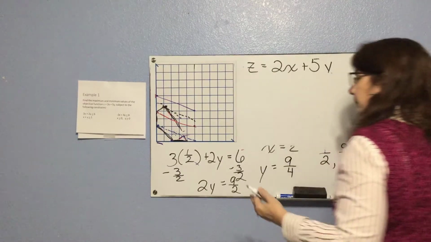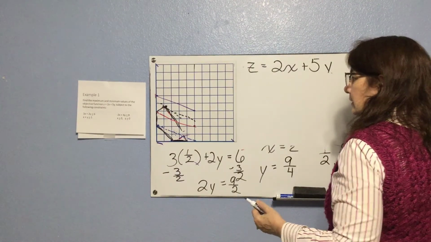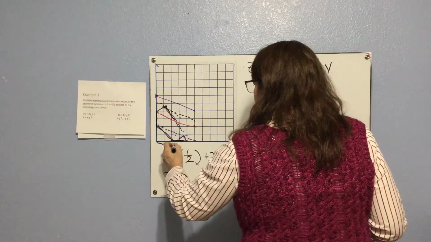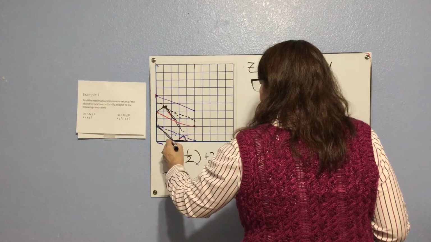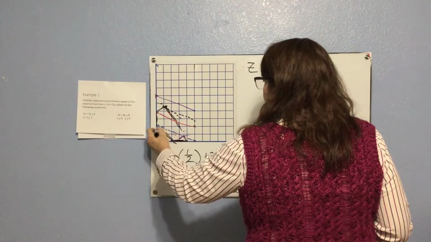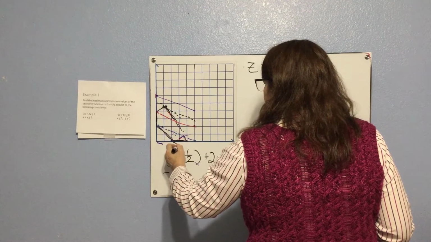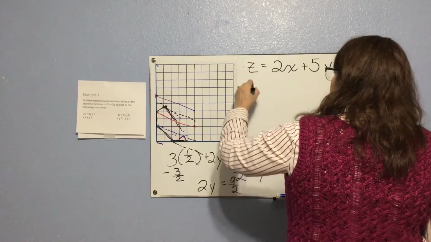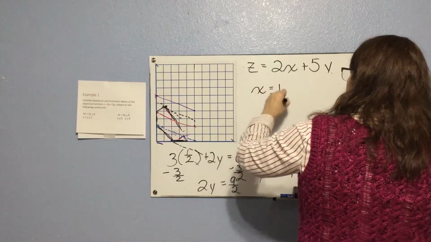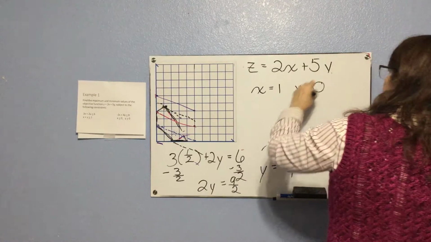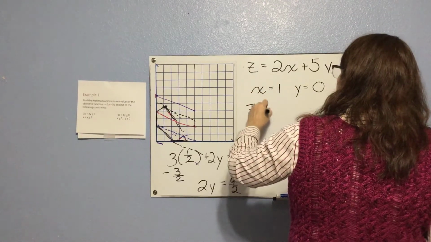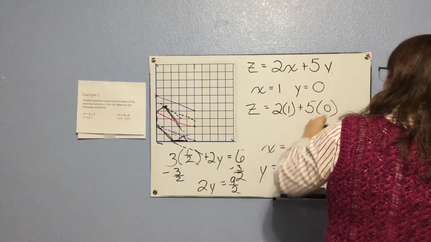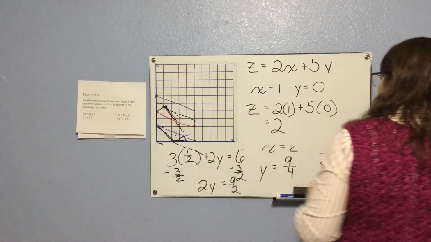If I wanted to find a minimum value for z, looks like it would be down along here. If I made a line parallel to the blue line, not parallel to the purple, but parallel to the blue, that went through this point, the values would be x equals 1, y equals 0, so z is equal to 2 times 1 plus 5 times 0, or just 2.